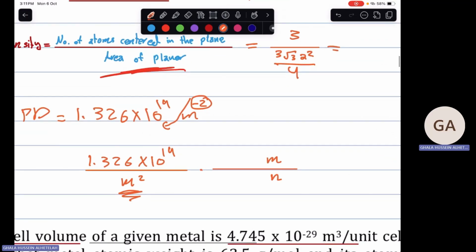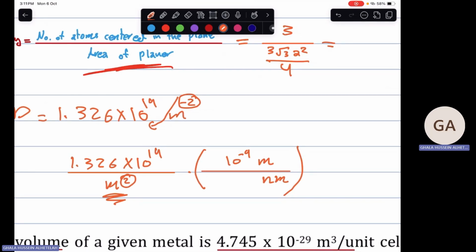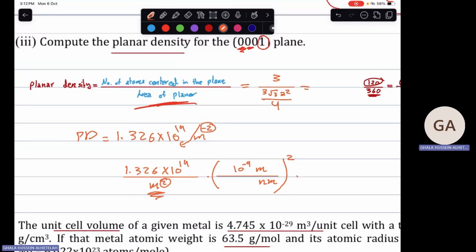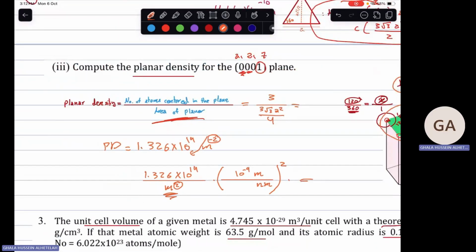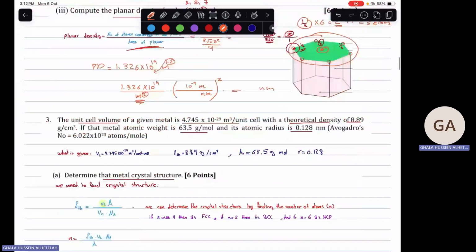And we want the unit nanometer. So how many nanometers in a meter? We have 10 to the power minus 9. And also we have the power 2 here, so we multiply it by the power 2 also. And basically the answer you will find in nanometer by this solution. Okay.